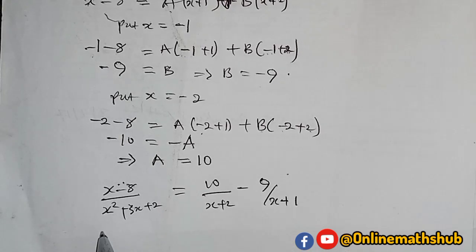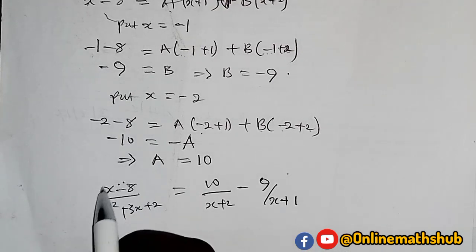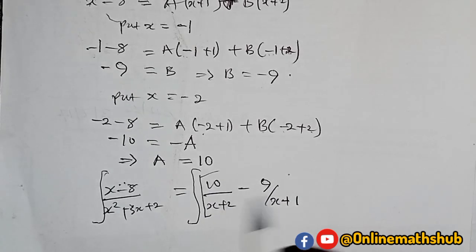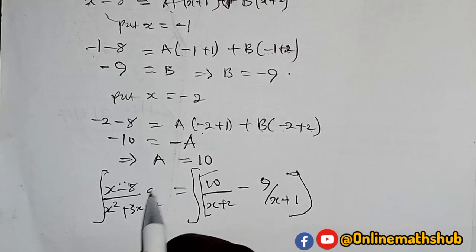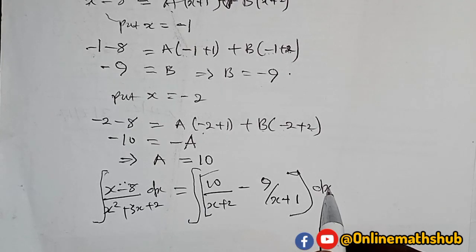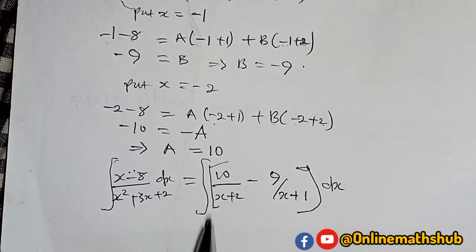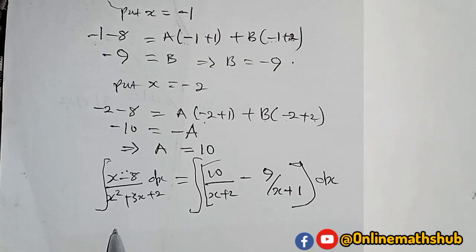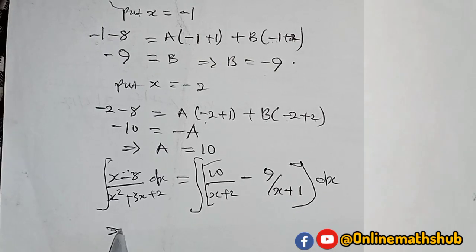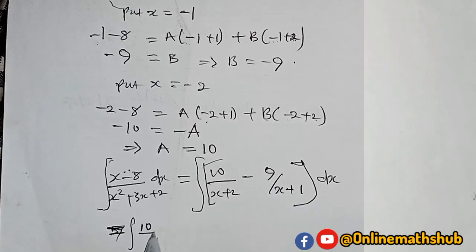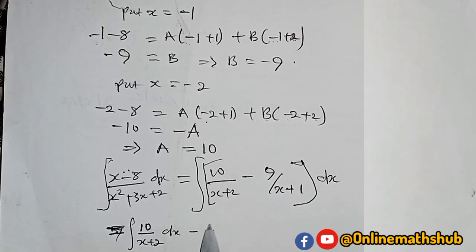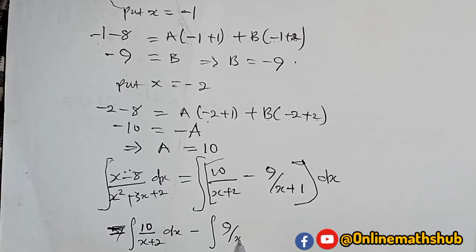Then if I put the integral here, I'm going to be integrating all of these terms. If I put the integral sign here, I'm also putting the dx over here. So I pass the integral into all of these, and this is equal to the integral of 10 over (x + 2) dx minus the integral of 9 over (x + 1) dx.